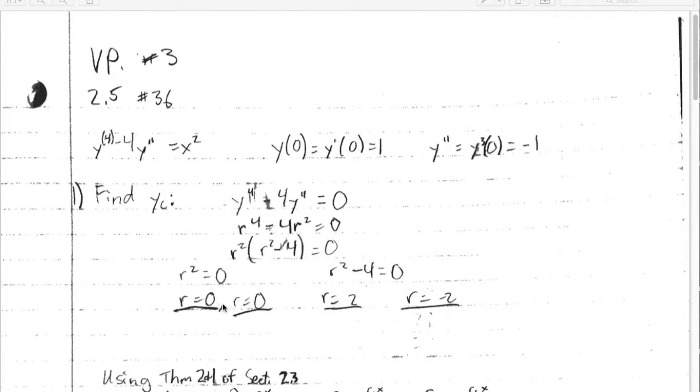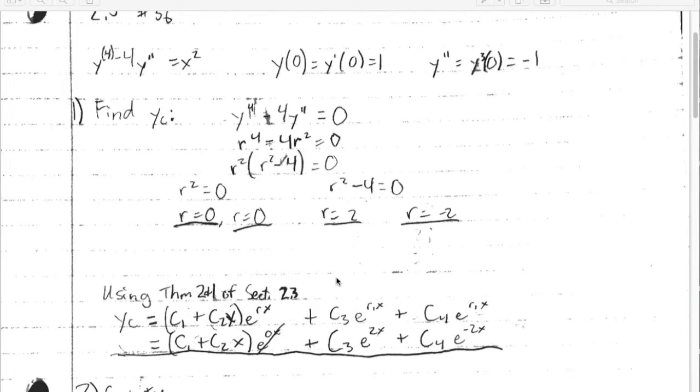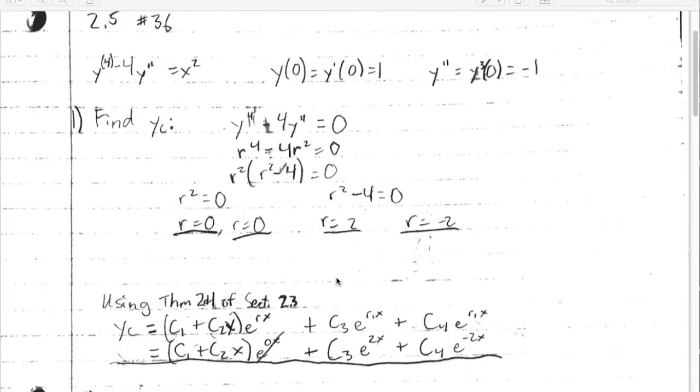So since it's r squared, there's going to be two r equals 0, which will be important later when we discuss theorem 2 of section 2.3 in just like 20 seconds. R squared minus 4 also has to equal 0. Factoring that, you'd get r minus 2 times r plus 2 equals 0, meaning that r is equal to 2 and r is equal to negative 2.